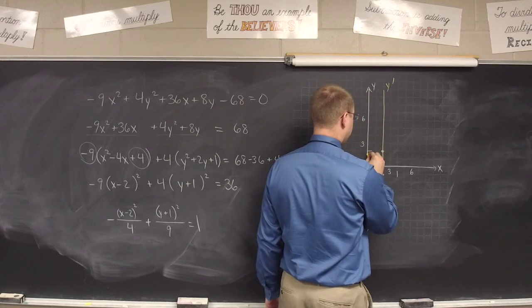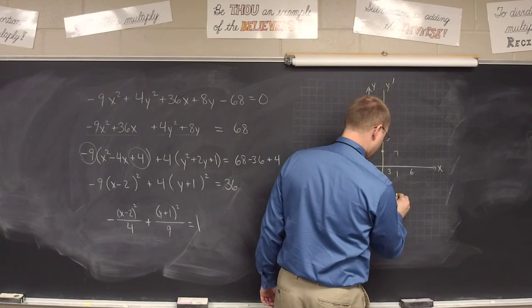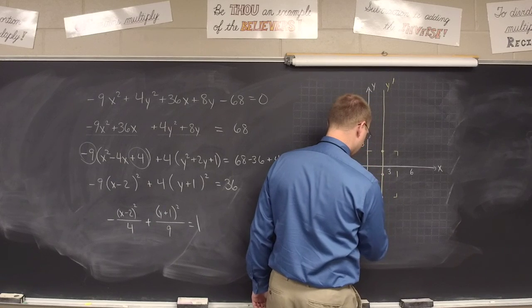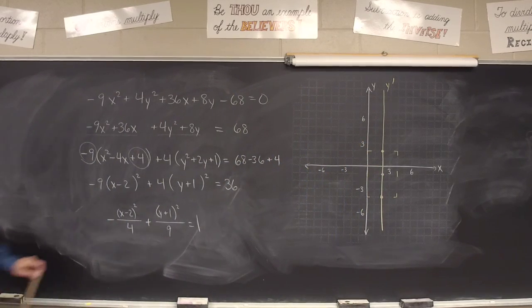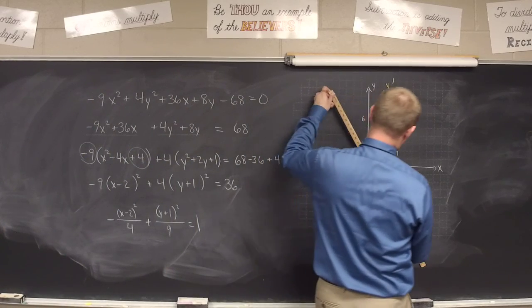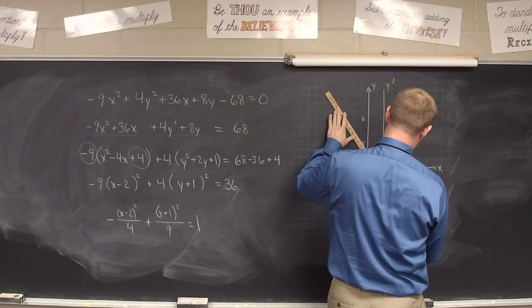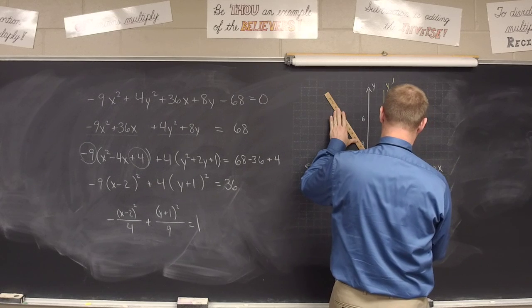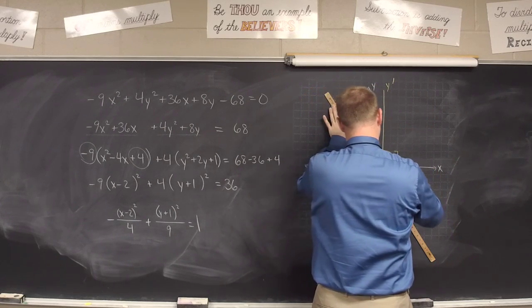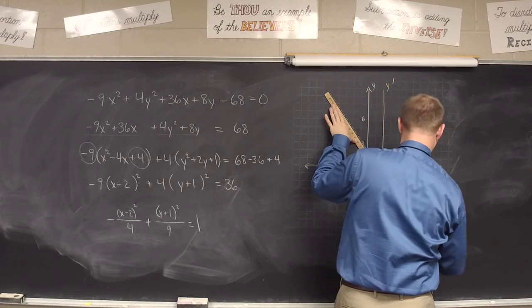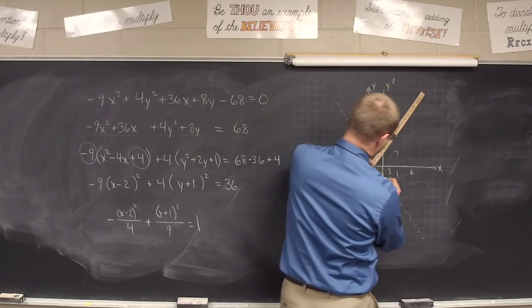That'll give me the corners of the rectangle, and that gets my asymptotes.